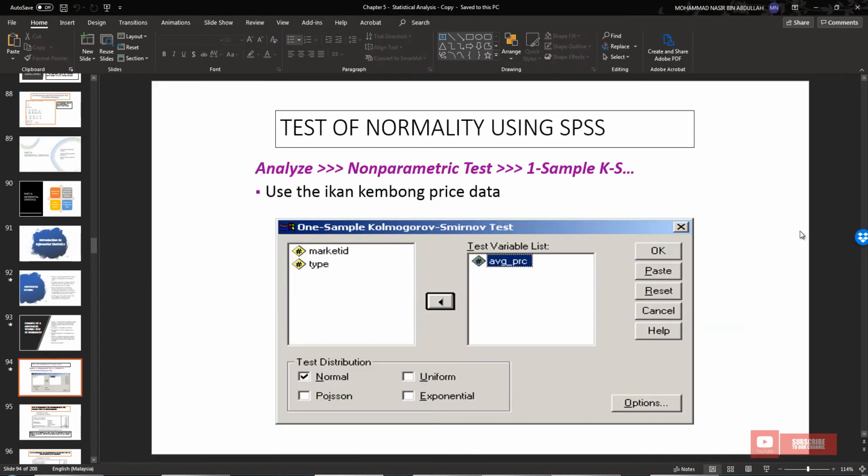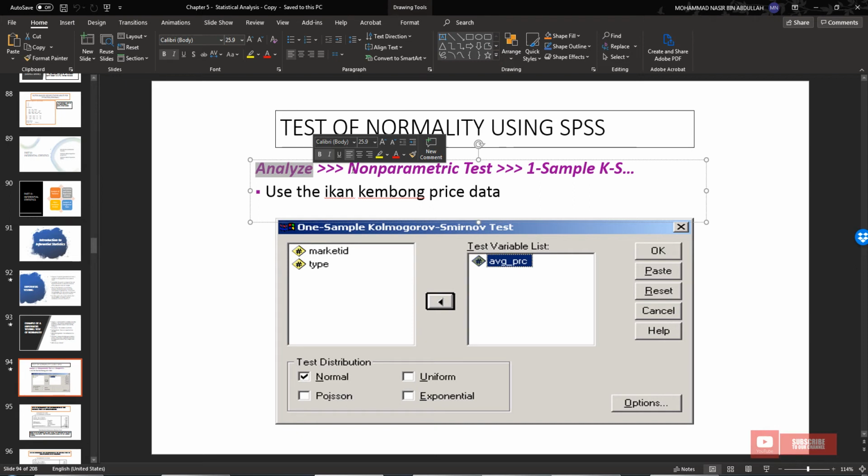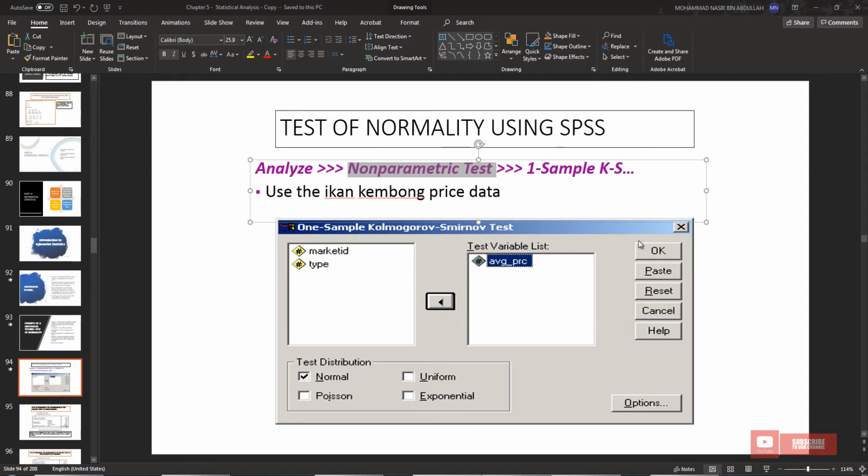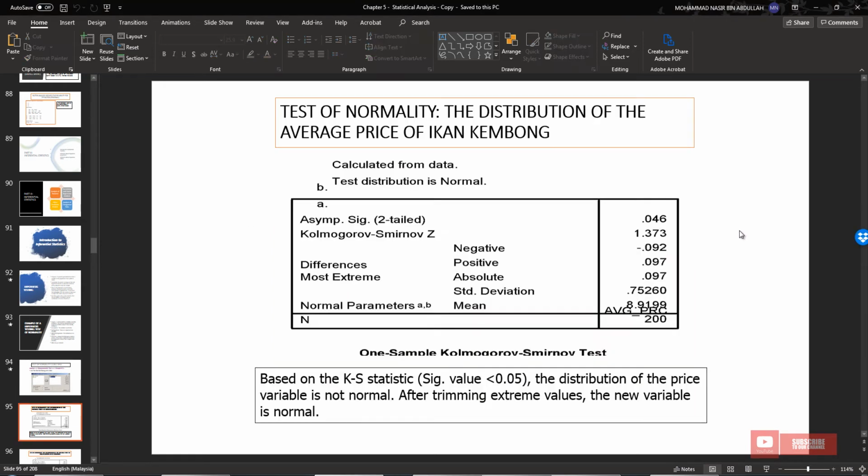This is the step for doing it in SPSS. We just go to Analyze, click on Nonparametric Tests, and find One-Sample KS. This is just an example. This is the result of a Kolmogorov-Smirnov. We look at the significance, two-tailed.